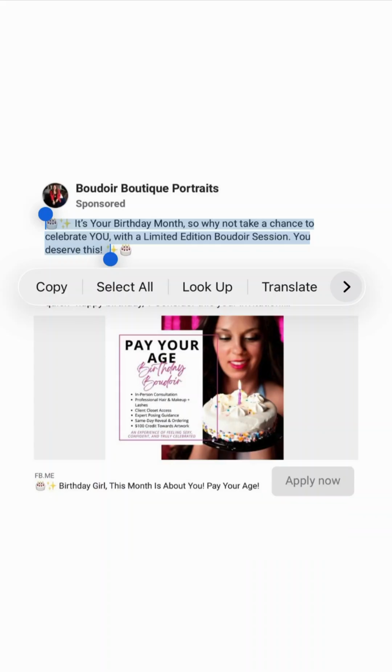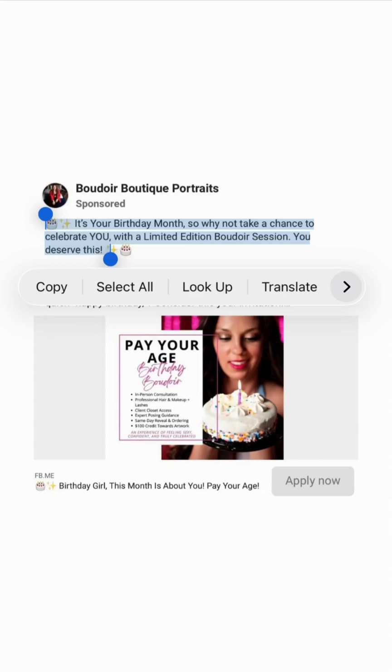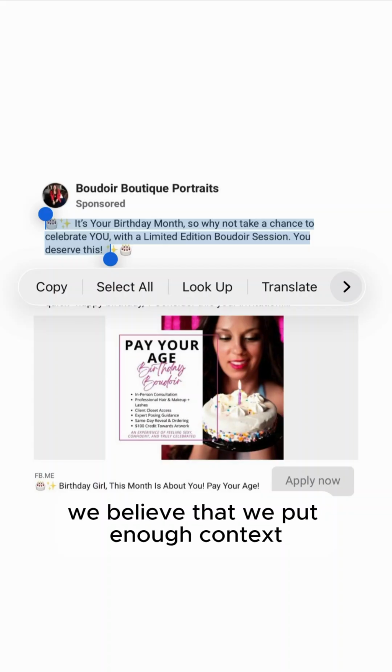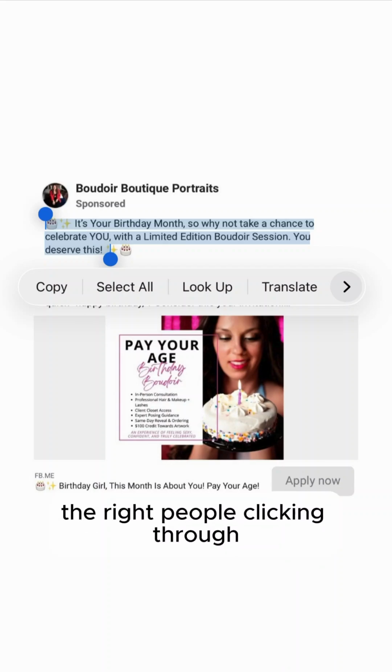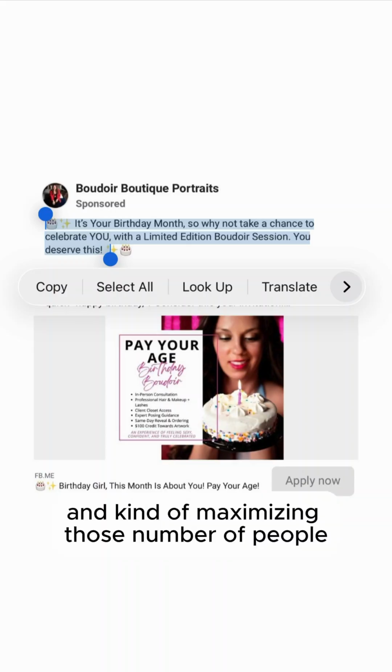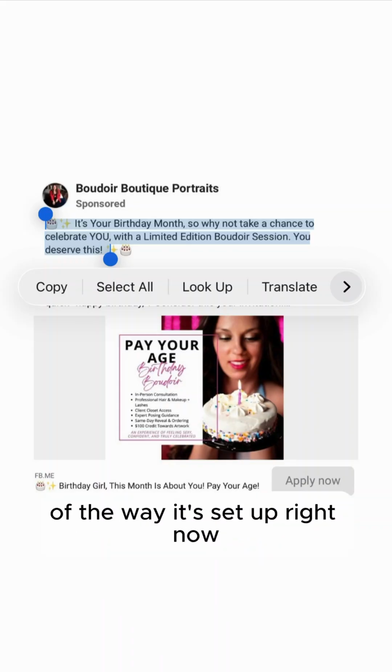The false belief that caused us to make this mistake is we believe that we put enough context to get the right people clicking through and maximizing those number of people, but that is 100% incorrect with the way it's set up right now.